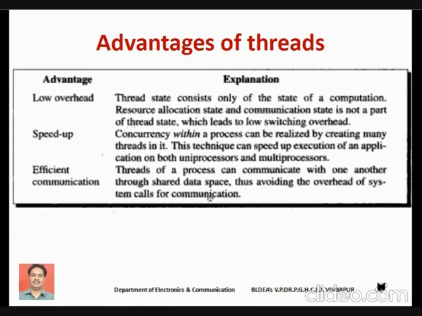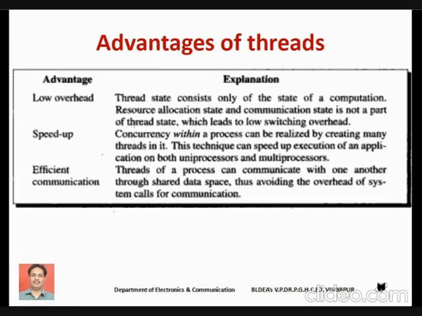There are three advantages of threads: low switching overhead, speed up of execution, and efficient communication. Low switching overhead is due to the thread state consisting of only the state of computation. The resource allocation state and communication state are not part of the thread state.